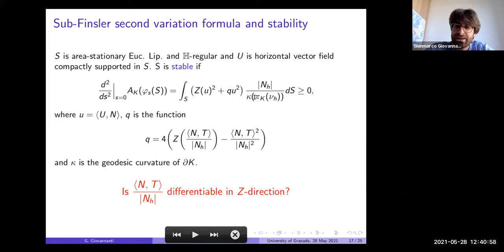And the problem is I assume that my surface is a priori Euclidean Lipschitz and H regular, so I don't know if this function is differentiable in the Z direction. And so I have to be careful. If I want to look at the stability, I have to prove that this function is smooth in the Z direction.